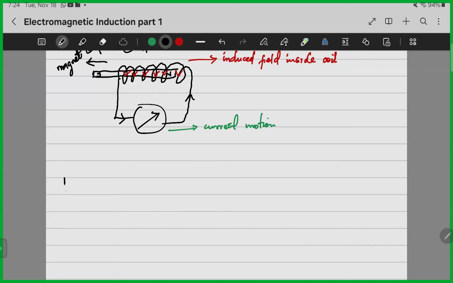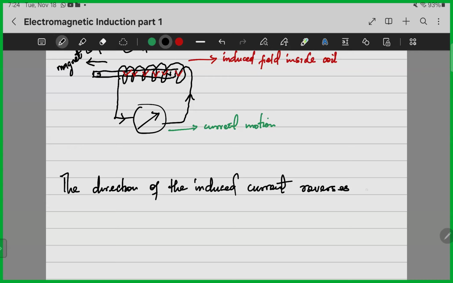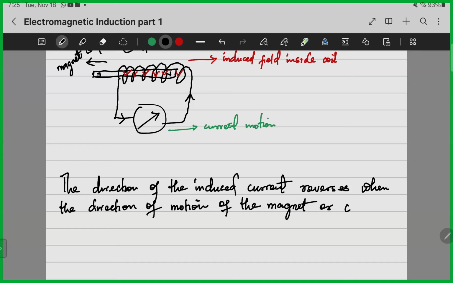The point I'm trying to make is that the direction of the induced current reverses when the direction of motion of the magnet or coil is reversed.